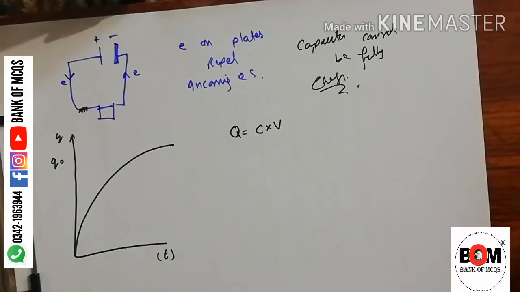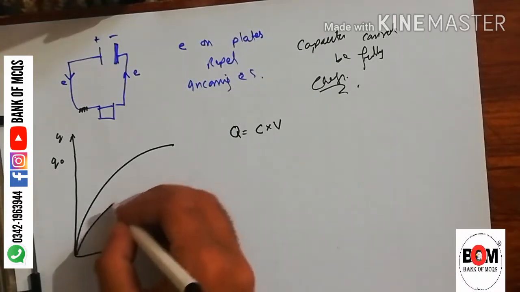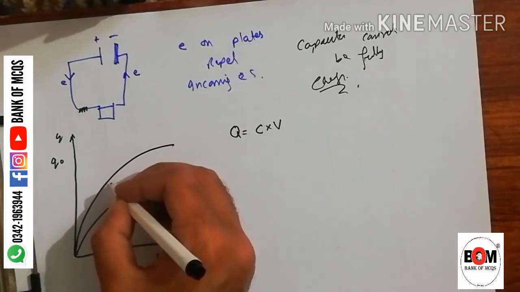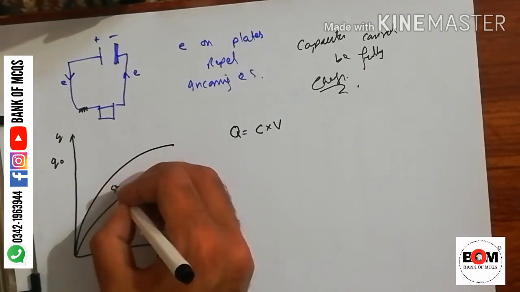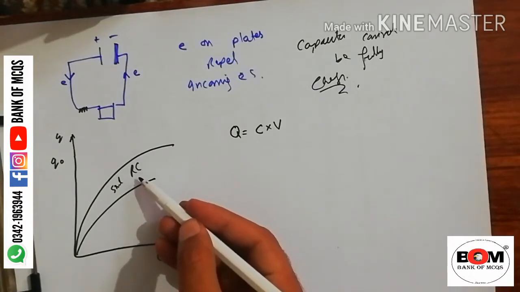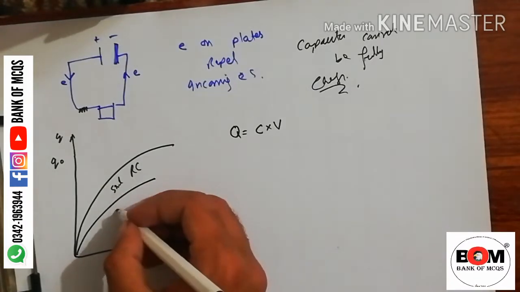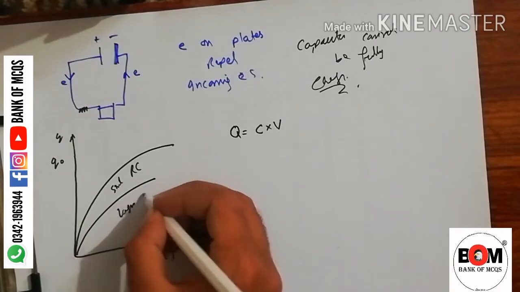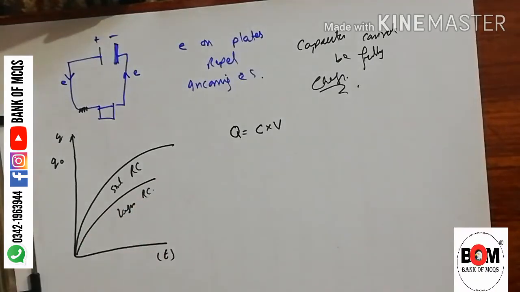So this is for small RC. Smaller the RC value, easier it will charge, and the greater the RC value, the more time it will take to discharge.